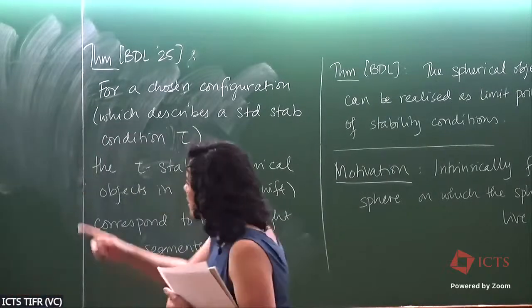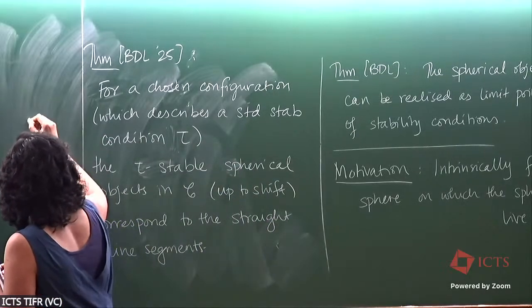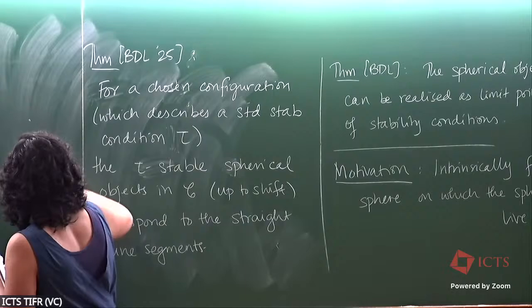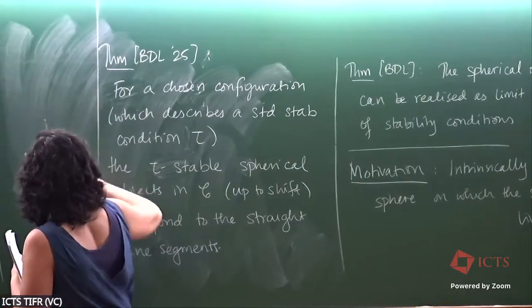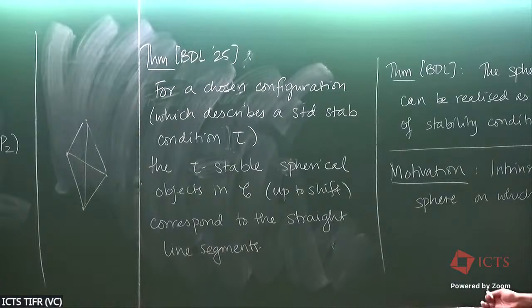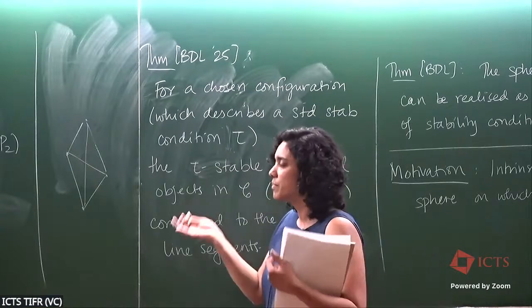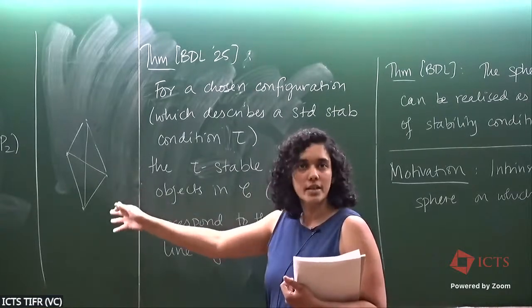Okay, so in this configuration, just to draw it here as an example, how many are there? 6, are the 6 indecomposable spherical stable objects which correspond to this stability condition.